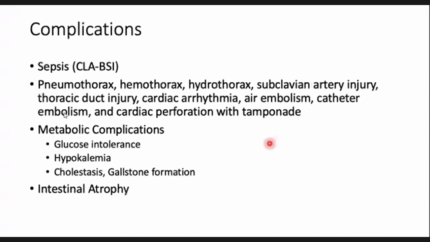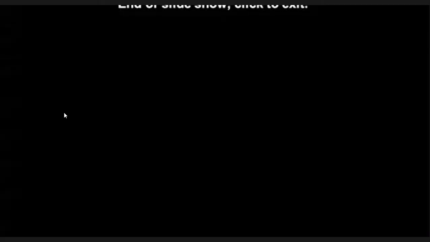The metabolic complications include glucose intolerance, hypokalemia, cholestasis, and gallstone formation. Patients receiving prolonged TPN really are prone to cholestasis. And lastly, since we do not use the GIT, they result in intestinal atrophy. So that ends my lecture. Thank you.